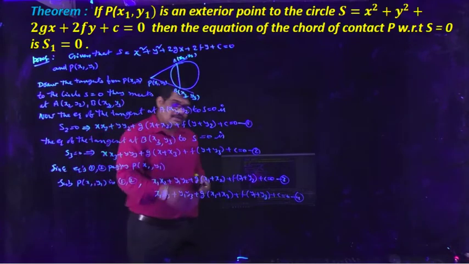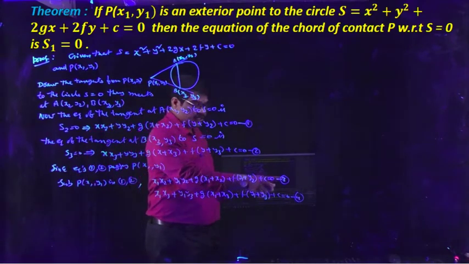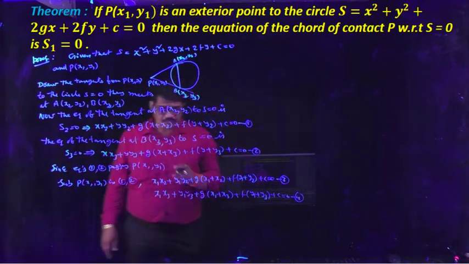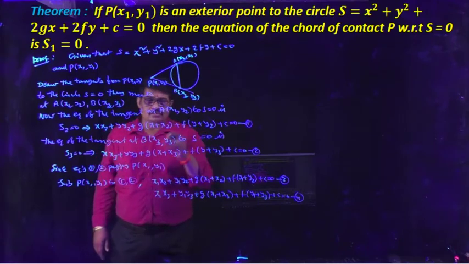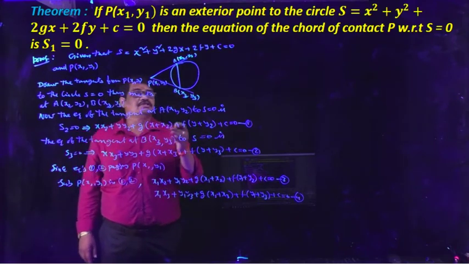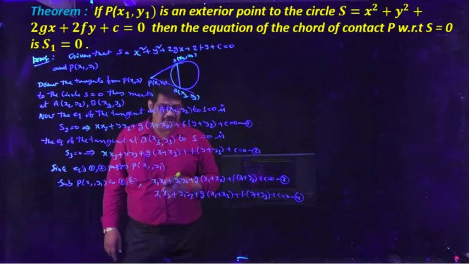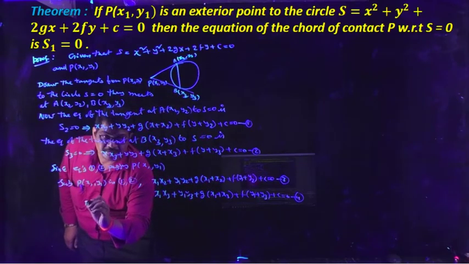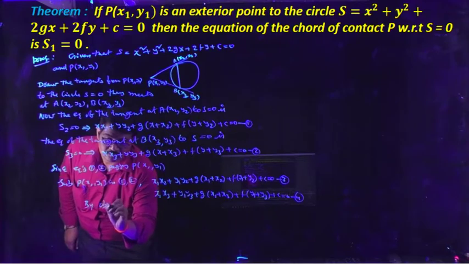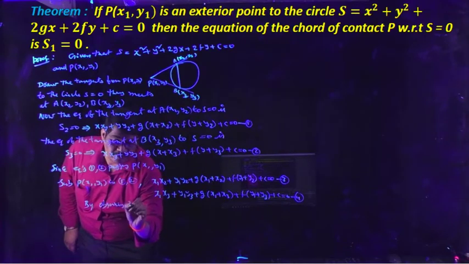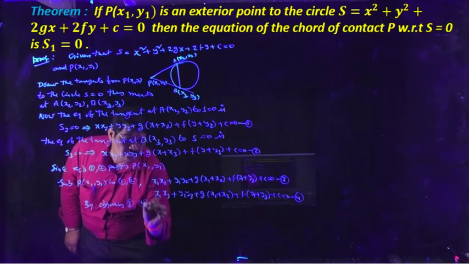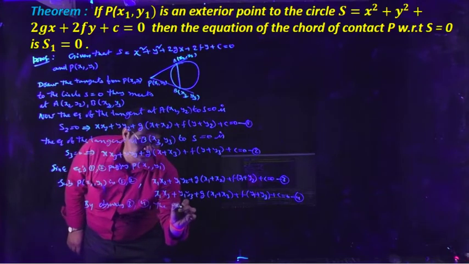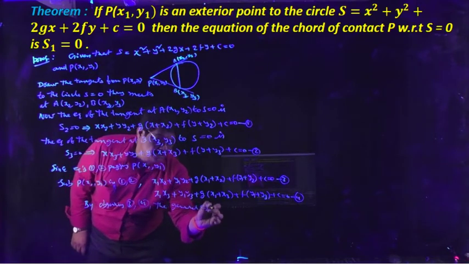By observing equation 3 and equation 4, these two points A(x2, y2) and B(x3, y3) lie on the general equation.